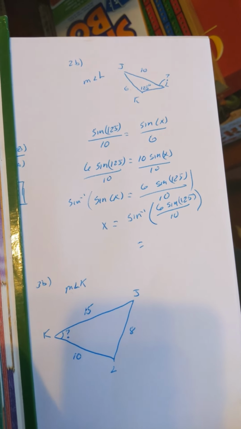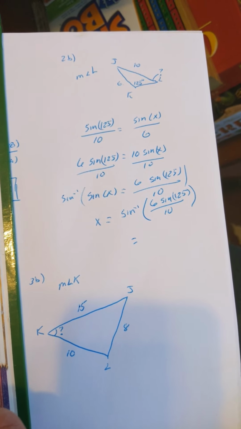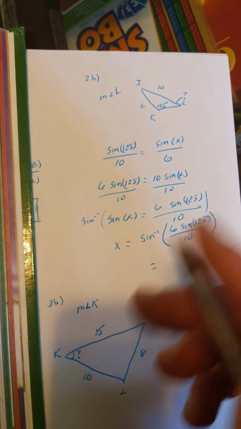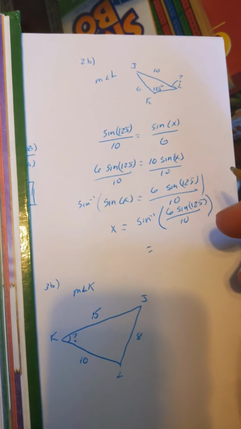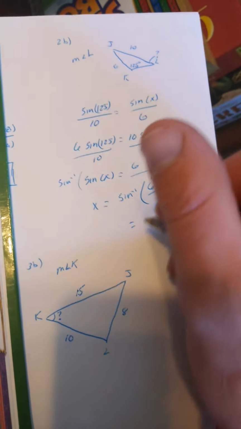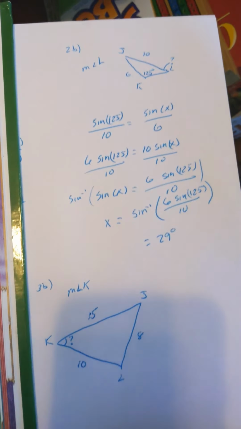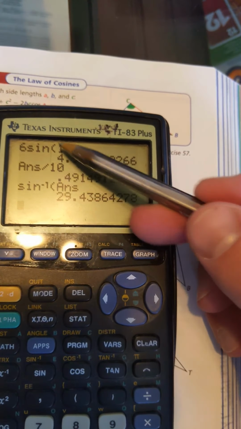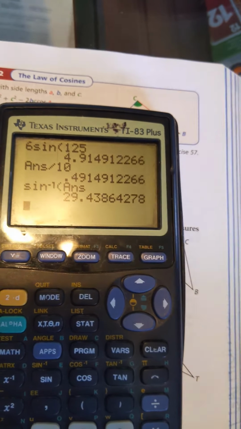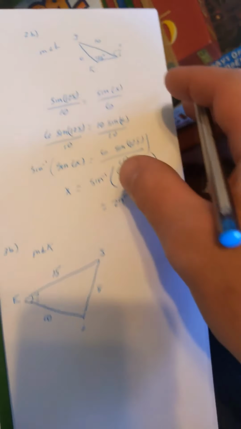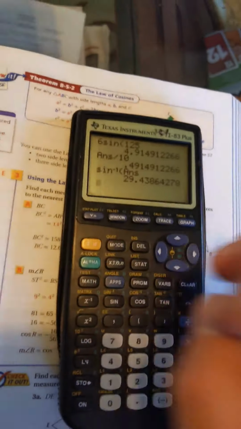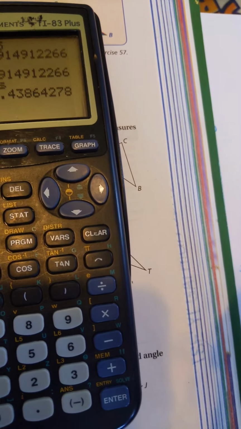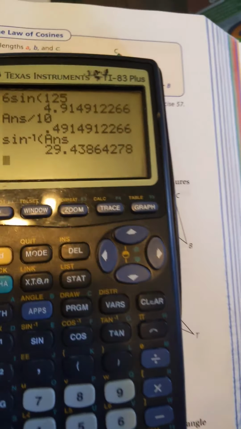Six sine of 125, divide that by 10, take the inverse sine of that. 29 degrees, since it wants you to round to the nearest whole number. So 6 times the sine of 125, divide that by 10, take that answer, and take the inverse sine of it. So that is law of sines. Remember, you're only ever going to use two of the ratios, setting it up and solving. In a minute here, I'll do law of cosines for you.